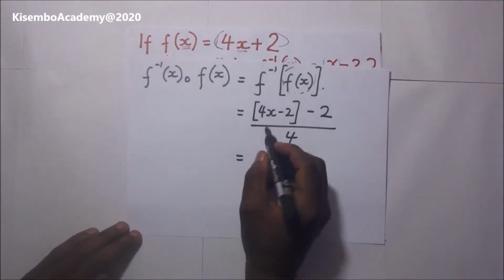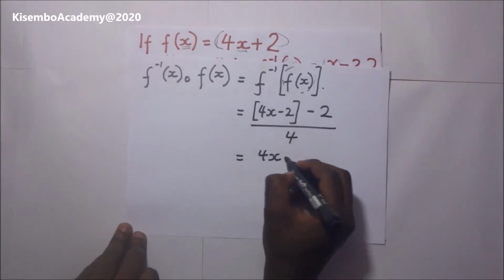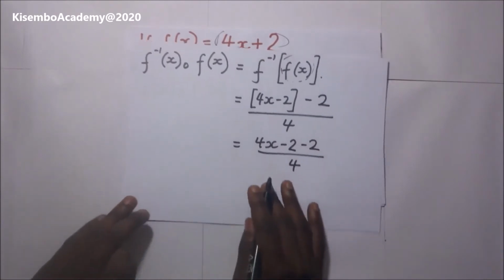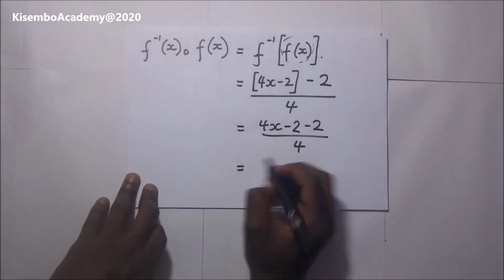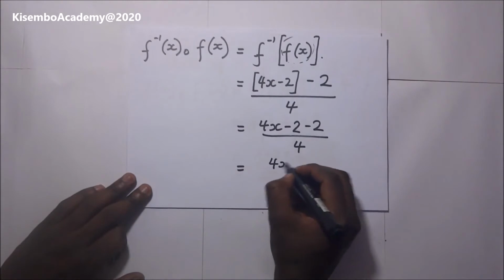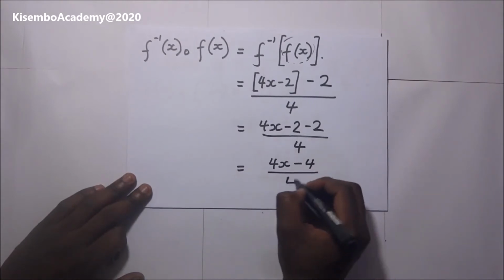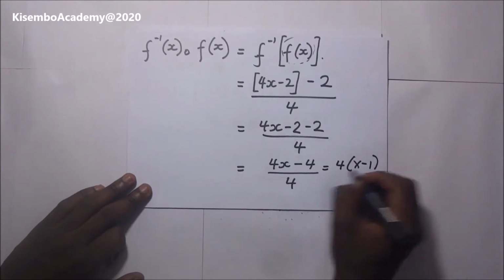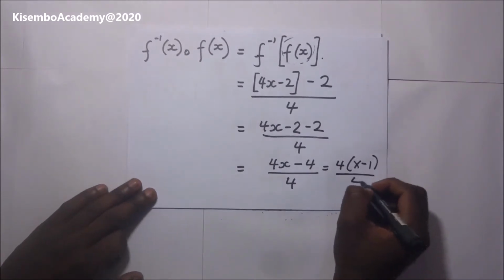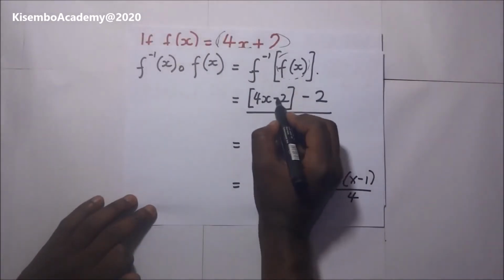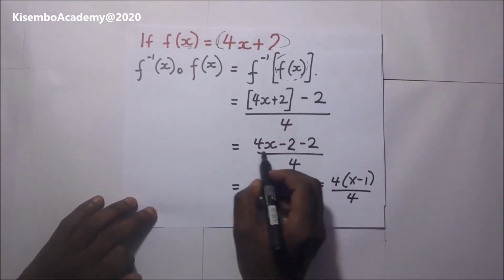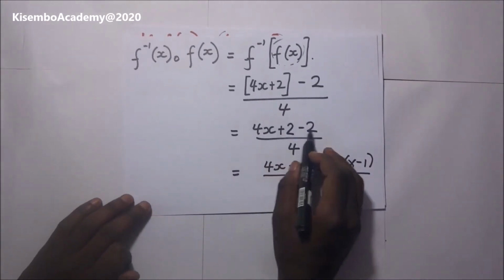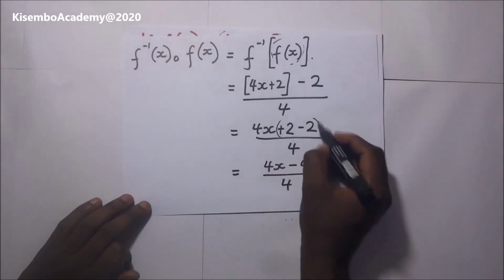So definitely this is going to become 4x plus 2 minus 2, divided by 4. The plus 2 minus 2 gives us 0.